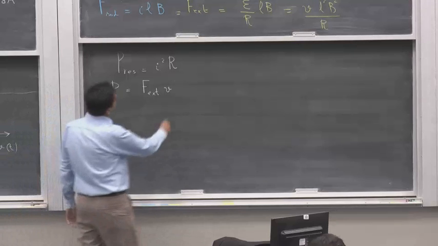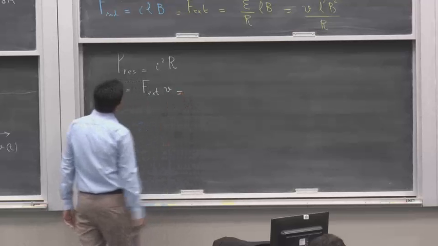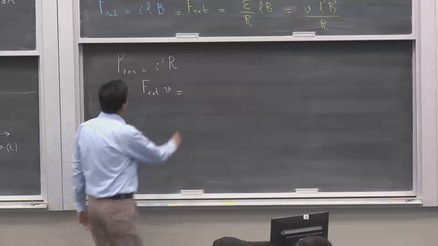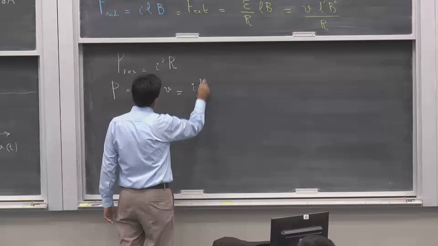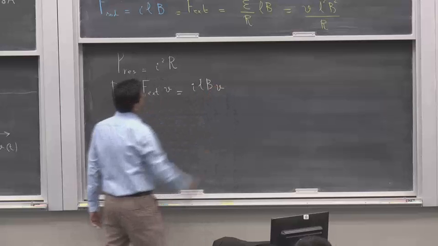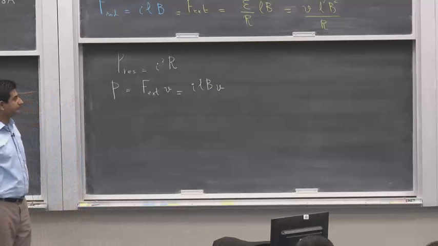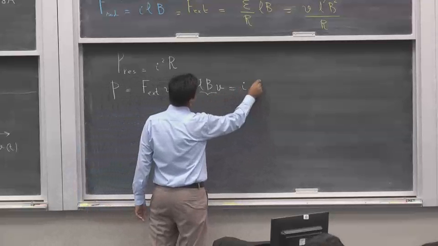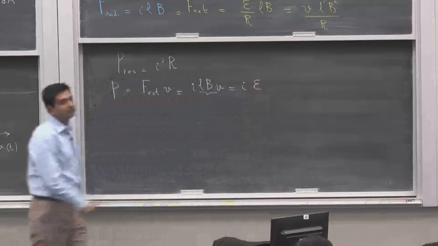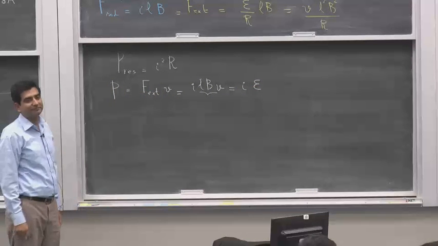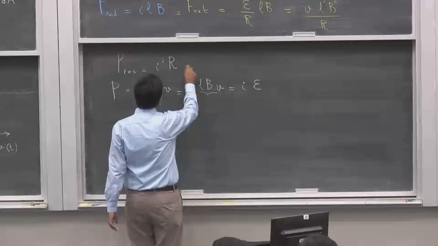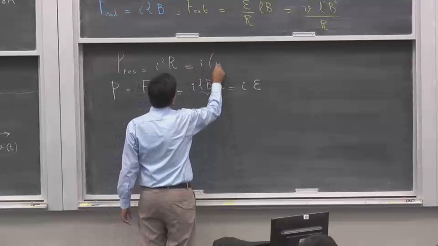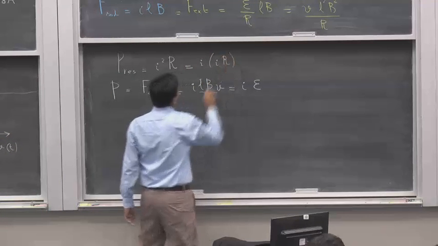Alright, so if I look at this, F external is ILB times v. But what is LBv? It is the EMF. So this is I times the EMF.